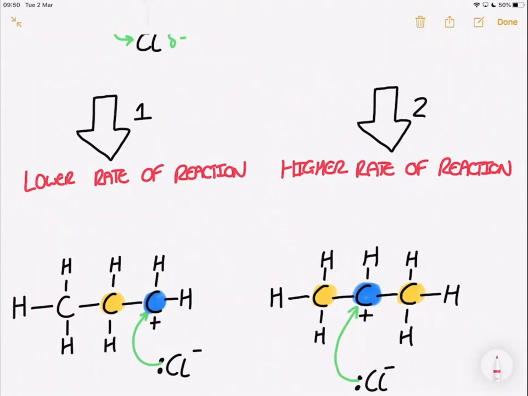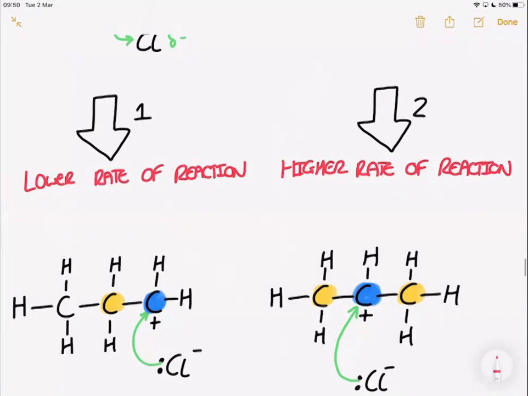Primary carbocations are less stable. Reaction 2 occurs via a secondary carbocation intermediate, and secondary carbocations are comparatively more stable. Because the intermediate in pathway 2 is more stable, pathway 2 has a higher rate. That intermediate is more likely to be formed, okay? And that's as much detail as we need to give.